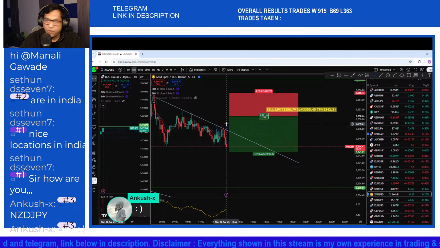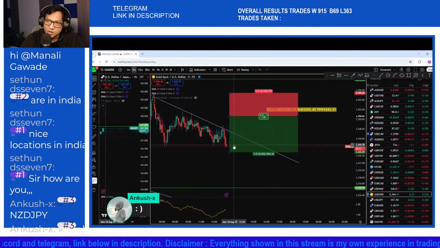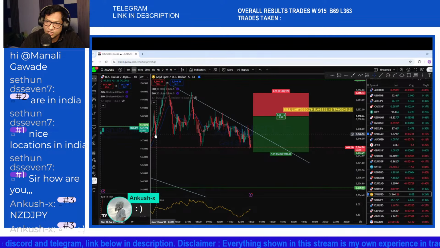What you can see here from this level, the price is slowly trying to break that structure.